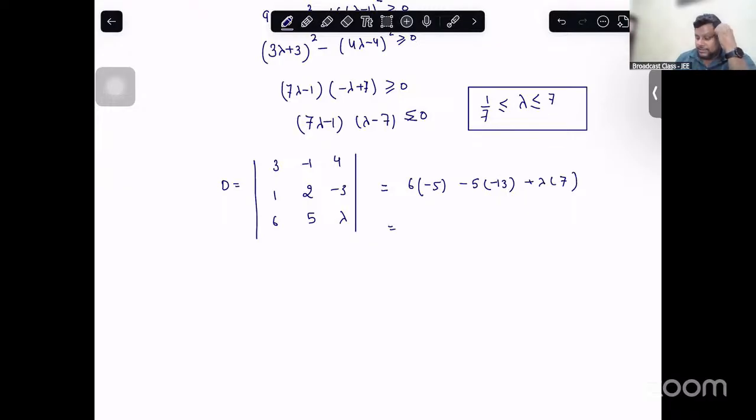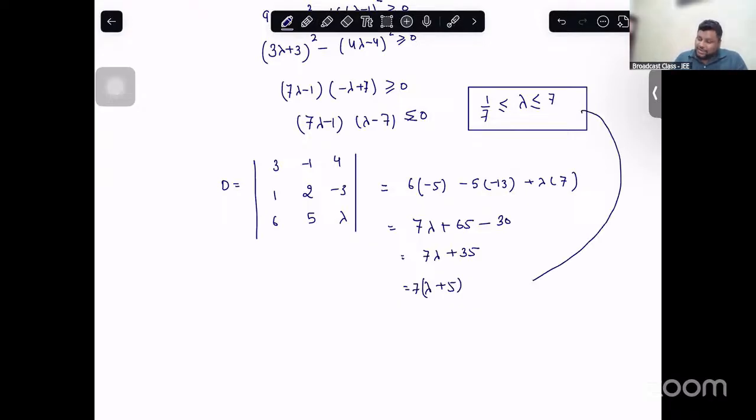So it is 7 lambda plus 65 minus 30. So it is 7 lambda plus 35. That is 7 times (lambda plus 5). Determinant is 0 when lambda is going to be minus 5.